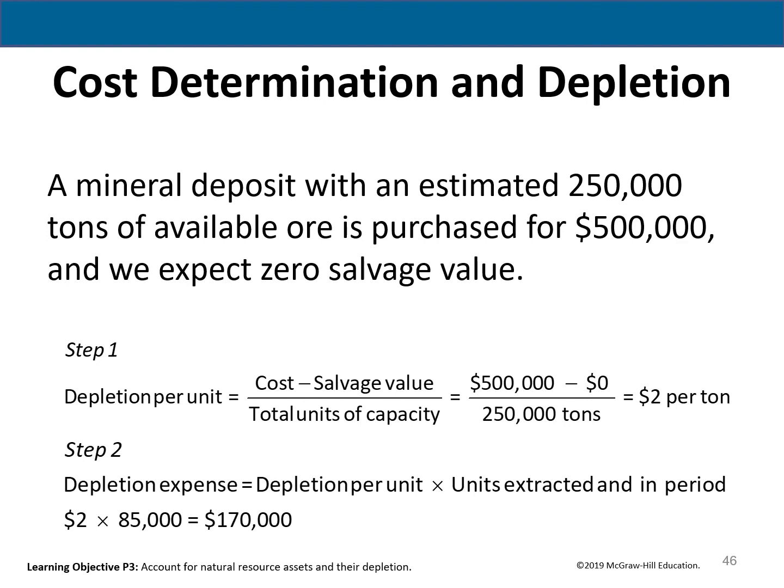How many tons were taken out this year? 85,000 is the number they gave us, 85,000 tons times $2. So we would deplete or expense $170,000 of the mine's cost.